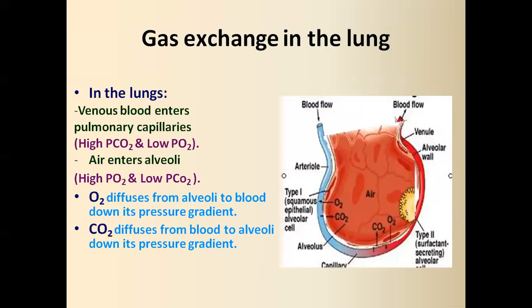The gaseous exchange within the lungs is carried by venous blood circulation. Venous blood enters the pulmonary capillaries due to pressure exchange. After air enters the alveolus, the alveolar air becomes fully saturated with mixed air.